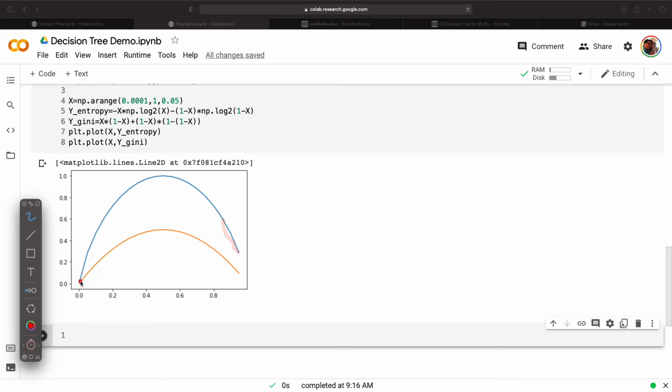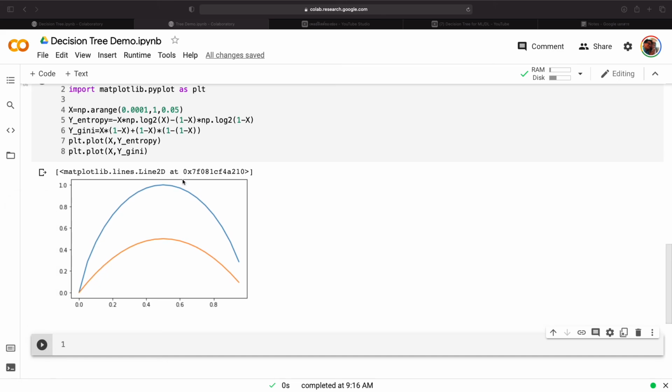For the Gini one, it will be like this. So this is the difference between Gini and entropy. They should be in the same ratio, but the absolute value of the highest point is different.